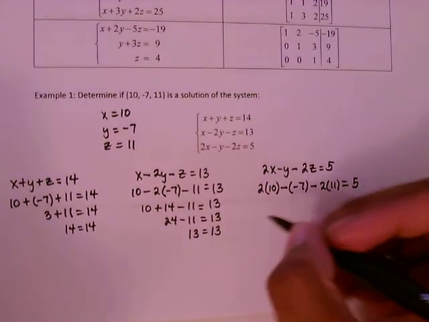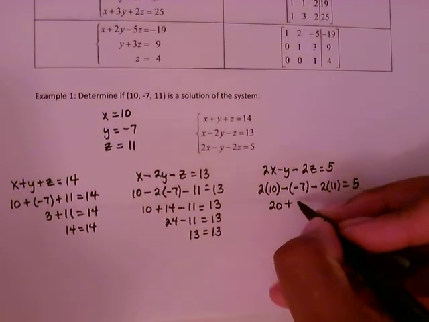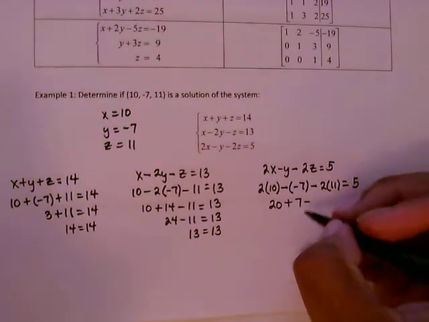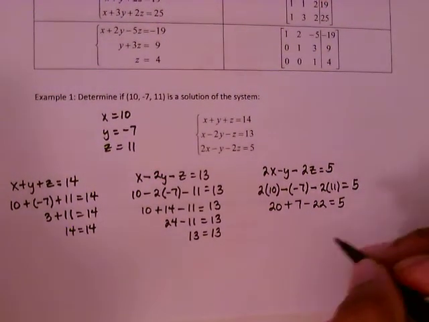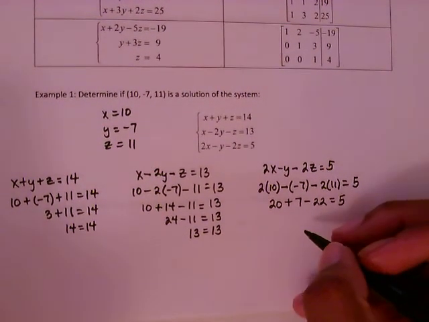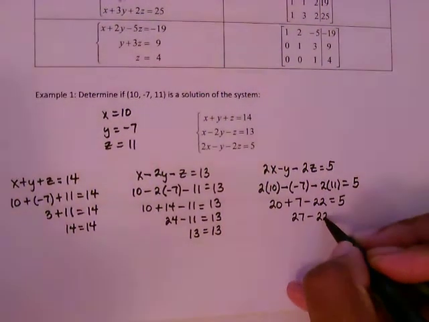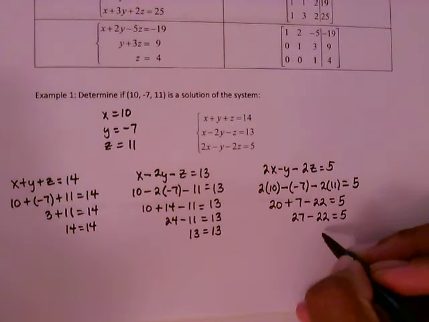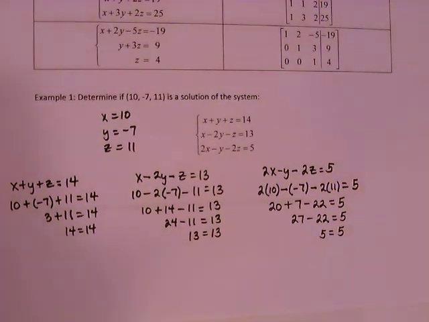Now, 2 times 10 is 20. Minus a -7 would be +7. Minus 2 times 11, that's 22. And that should equal 5. Now, 20 plus 7 is 27. 27 minus 22 does give us 5. So as you can see here, the left side and the right side are the same for all 3 equations in that system.